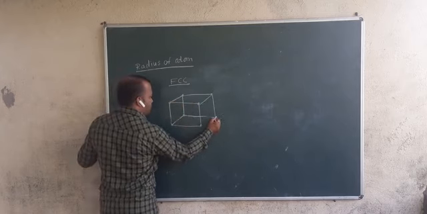Now look here for BCC. Eight constituents are at 8 corners and one in the center. Now I am drawing a body diagonal here.